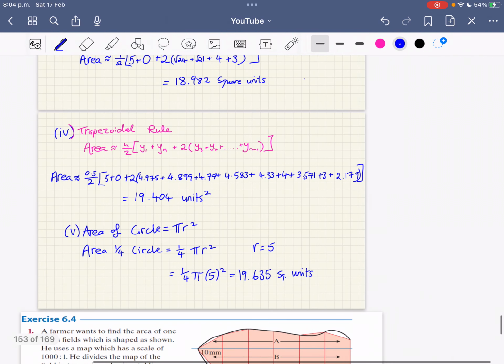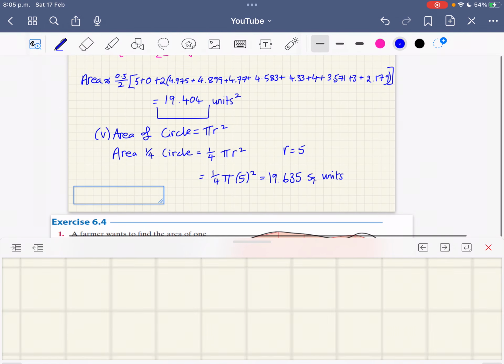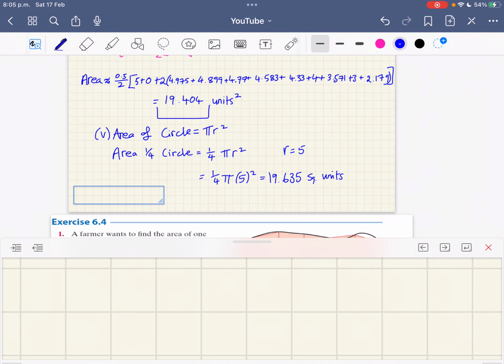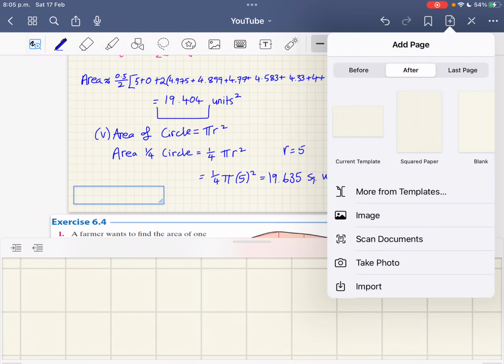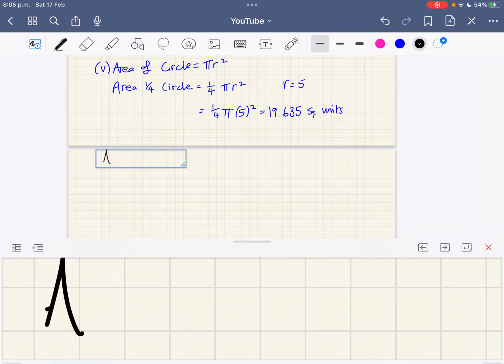And comparing that to the other two, we had 18.98 up here, 19.404. So the final little bit we would have to add there is what I talked about in an earlier part of the video. As h gets smaller, h is your interval.